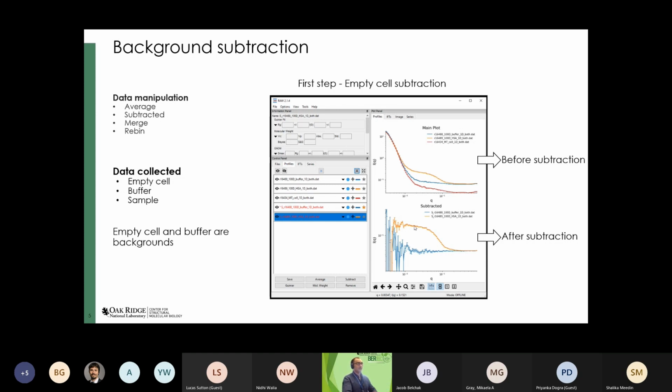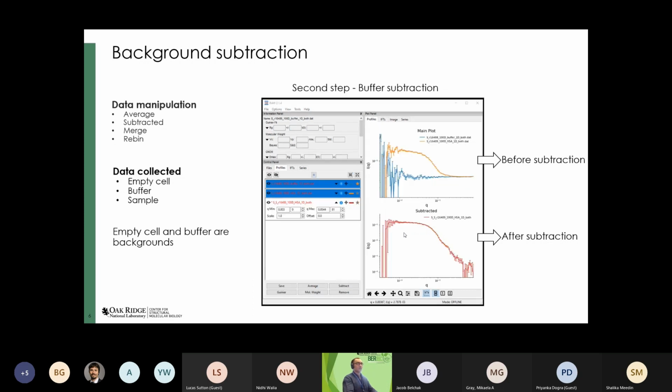If everything is fine, and in this case everything is fine, I do one-to-one, after I intentionally scaled the empty cell up a little bit. You can play with the scaling, and I'm going to show how to do that in RAW in the hands-on section. After you subtract the empty cell, I'm now loading only the empty-cell-subtracted data.